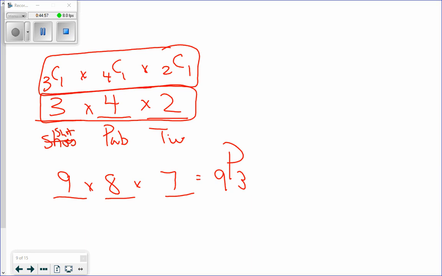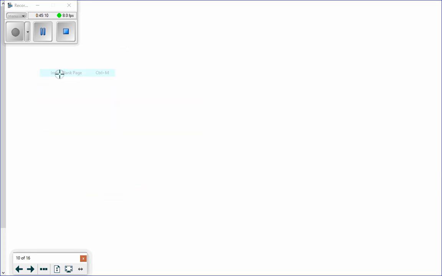Okay, adjacent is another word for together. So this is a not together question. So do you know your formula for not together?